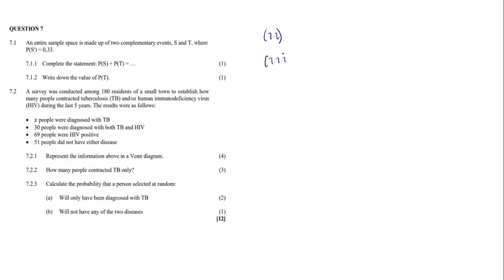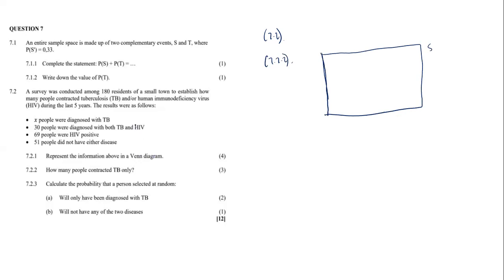So for this question, they want you to represent the information provided in a Venn diagram. You draw up your Venn diagram like this. You open up your rectangular box, and you can call this sample space S. When you draw a Venn diagram, you have to know the number of your events first.